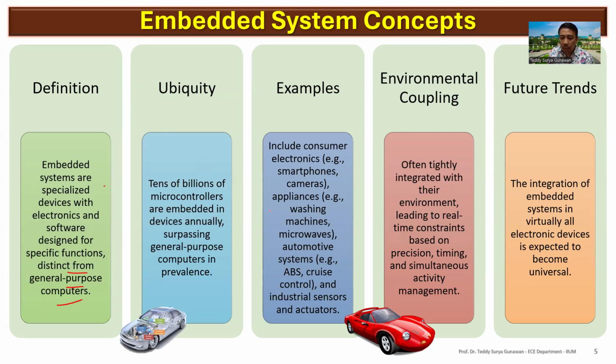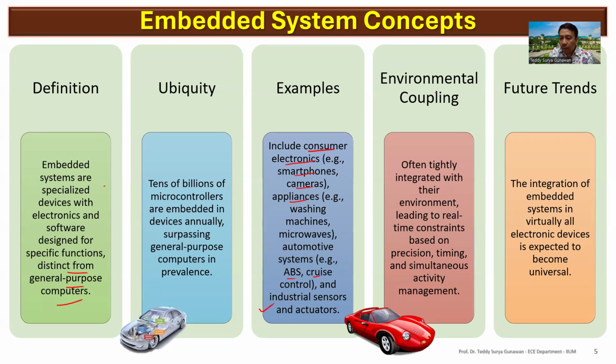For example, in consumer electronics we have embedded systems in smartphones, cameras, appliances, washing machines, microwaves; in automotive systems, automatic braking systems, cruise control, tire pressure monitors; and industrial sensors and control.